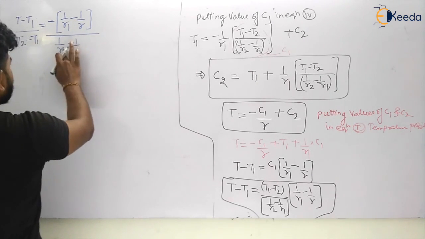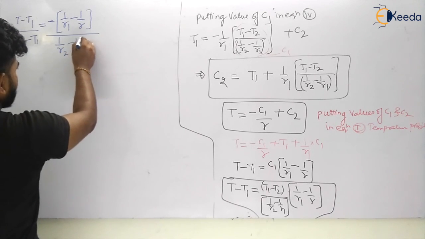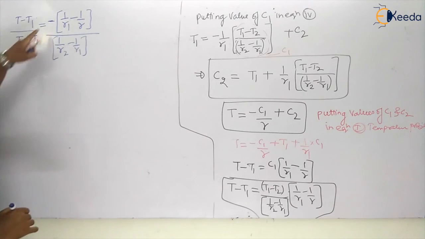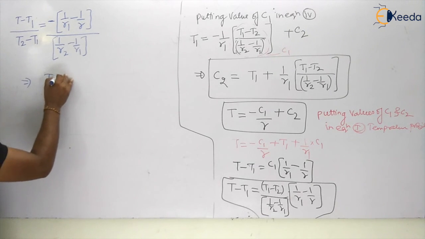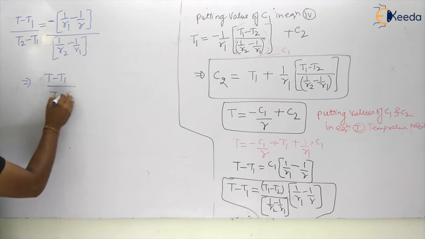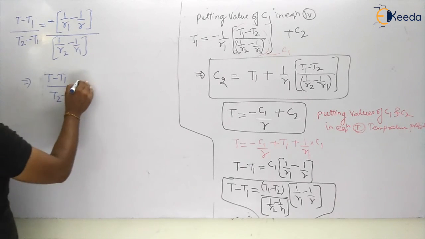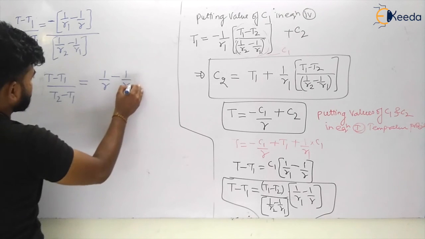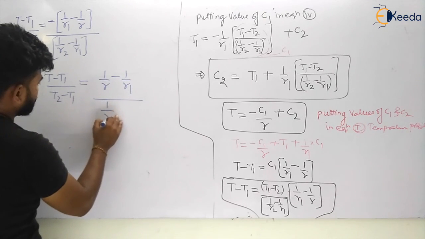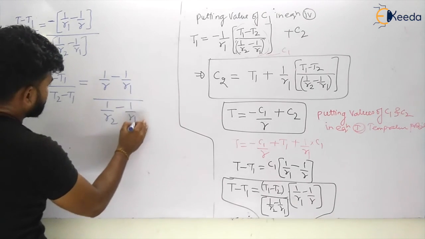So I'm taking this sign inside and simplifying this equation. So this will become T minus T1 divided by T2 minus T1 is equal to 1 upon R minus 1 upon R1 divided by 1 upon R2 minus 1 upon R1.